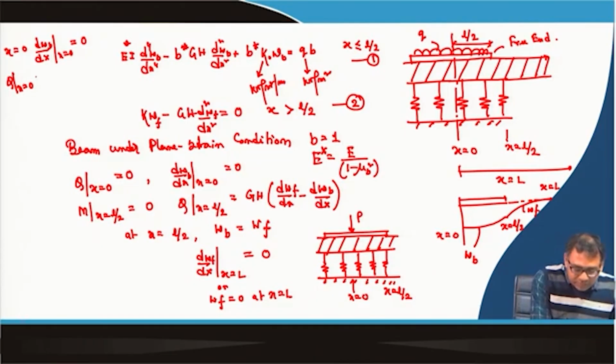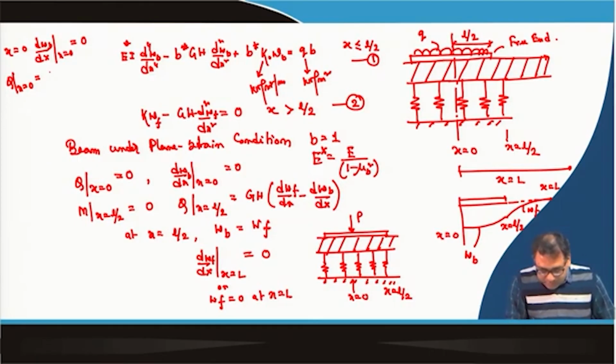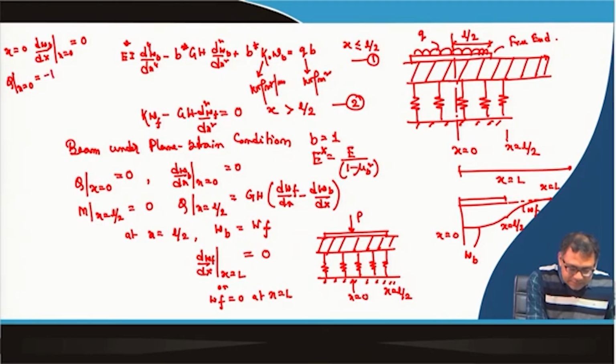Your shear force will be P by 2. Again, the shear force equation I have given: Q at x equal to 0 is minus E star I d3 W dx3.